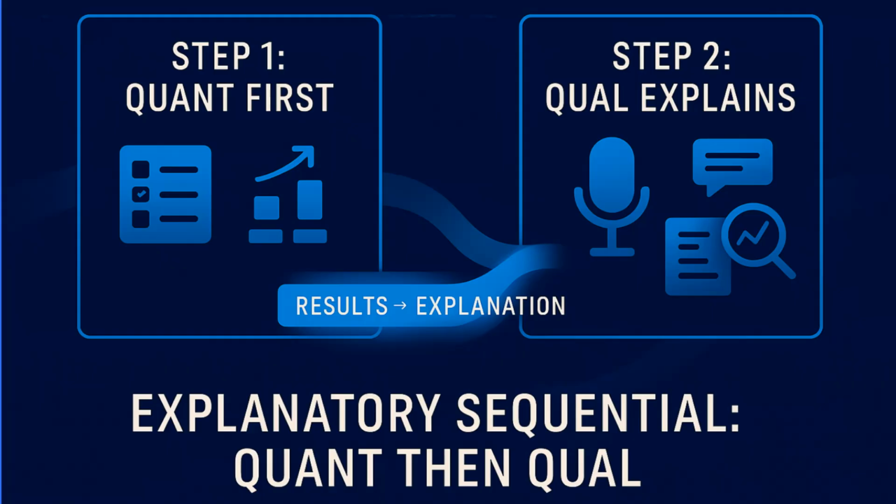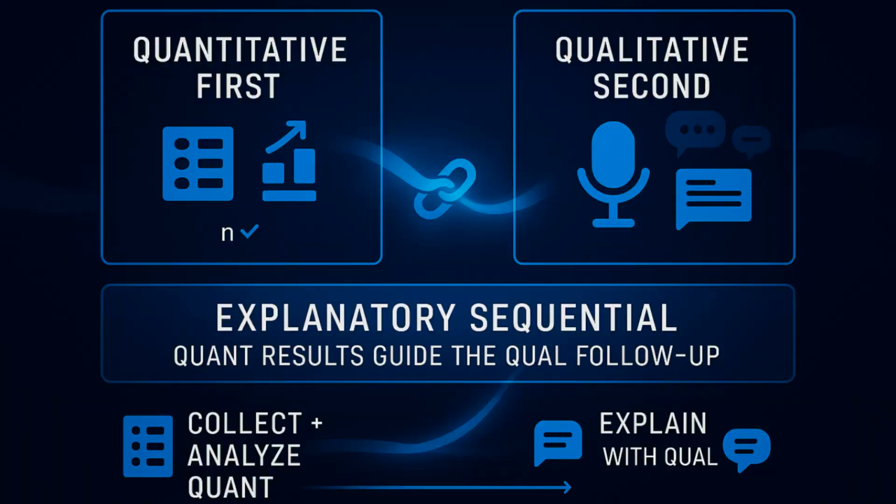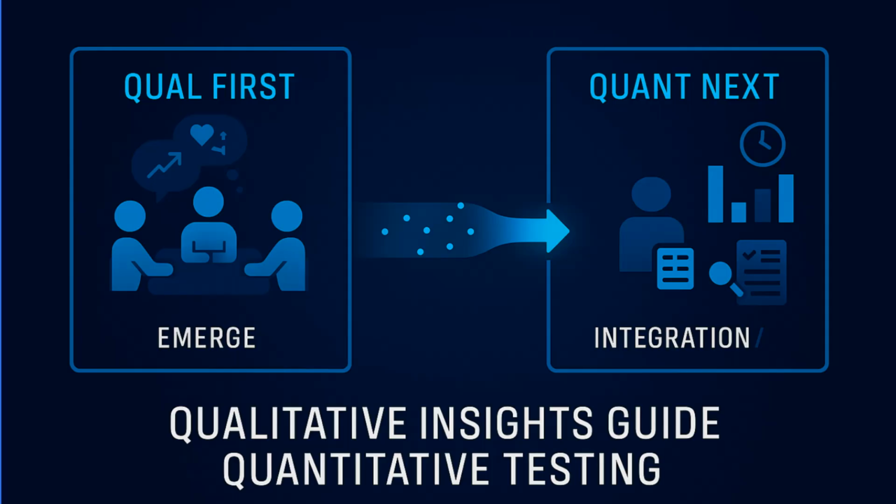In explanatory sequential mixed methods, quantitative data is collected first and qualitative data is collected second to explain the quantitative results. Integration often happens by connecting, where the quantitative results determine what the qualitative phase focuses on. In exploratory sequential mixed methods, qualitative data is collected first and quantitative data follows to test, extend, or refine what emerged qualitatively.